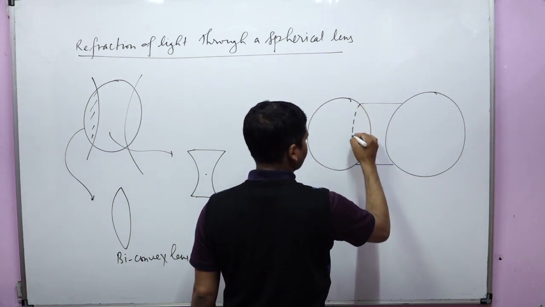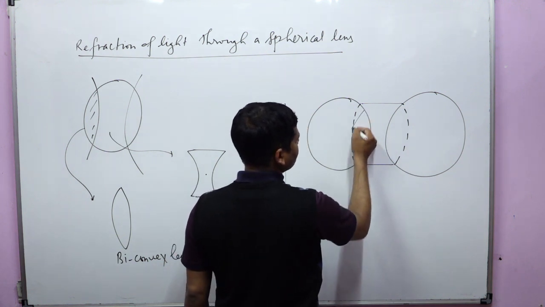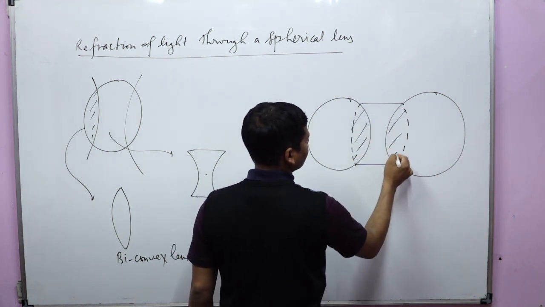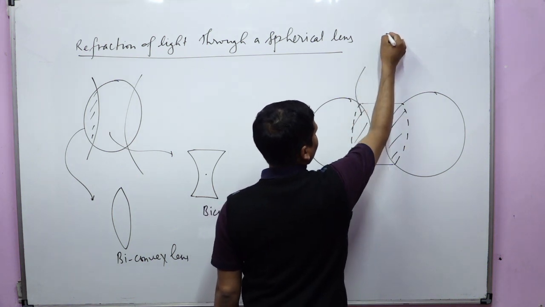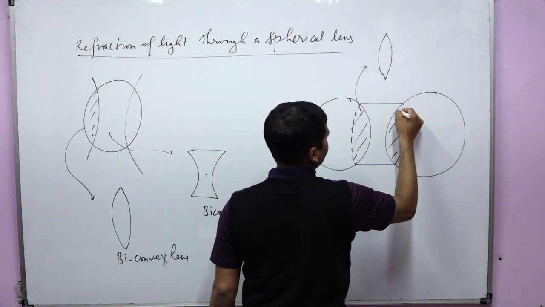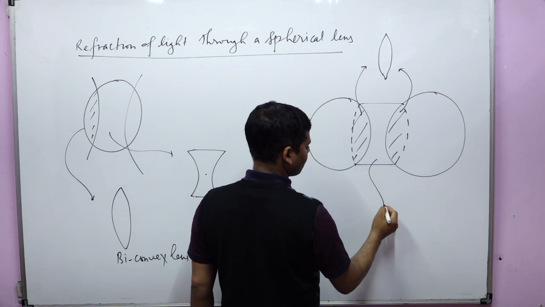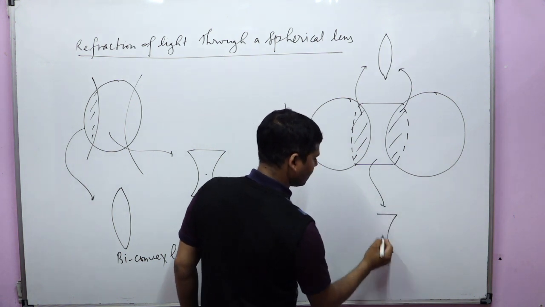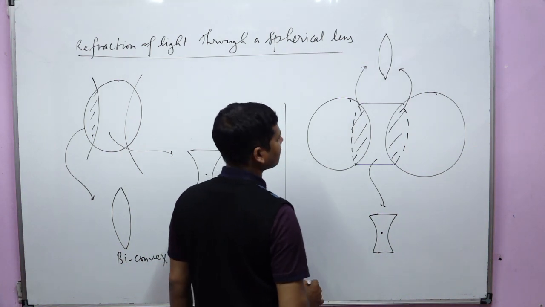If I cut from here and from here, these two lenses which we will get, from here also we will get biconvex, from this portion also we will get biconvex, and from this we will be getting a biconcave lens.